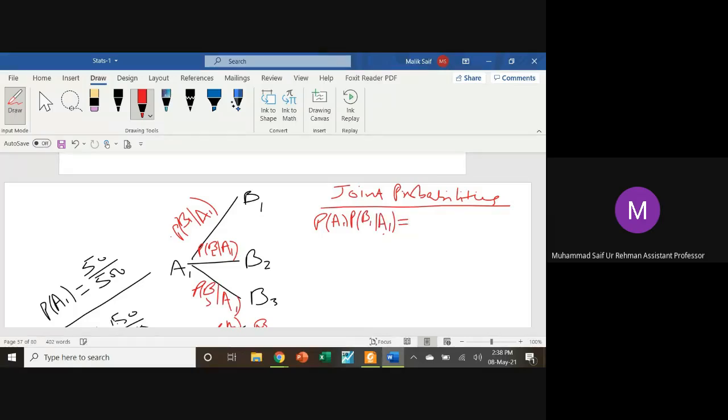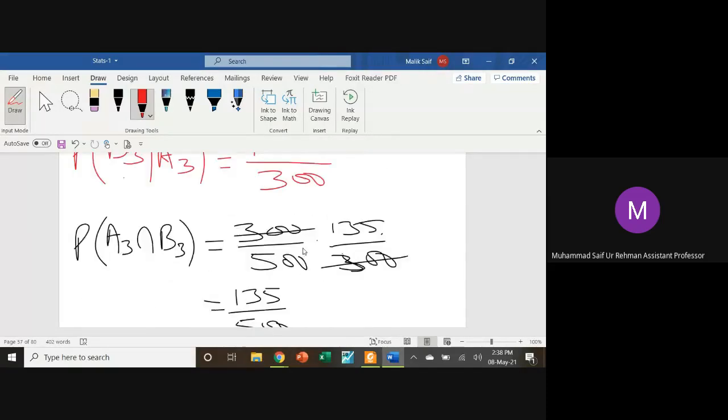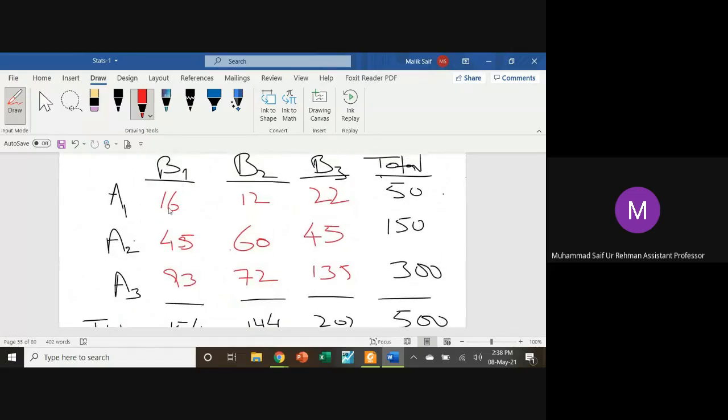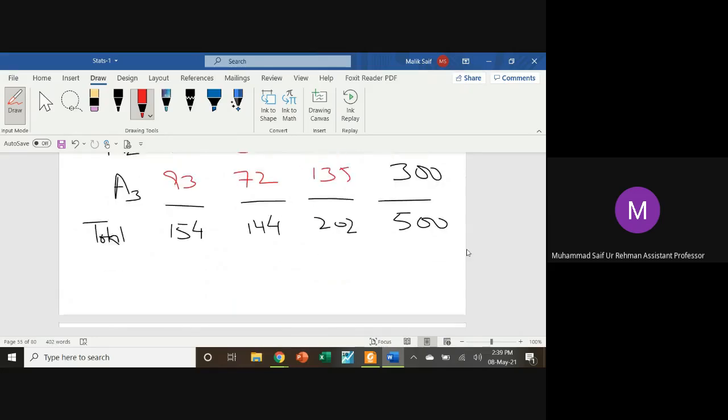So this will equal, probability of A1 is 50 by 500 multiplied by B1 given A1. You have to see the intersection point and then write down the sum for A1. So intersection point B1 A1 is 16 and sum for A1 is 50. So 16 divided by 50. The other we will see later, let us first write down this. 16 divided by 50.